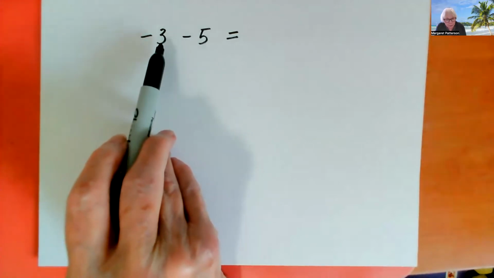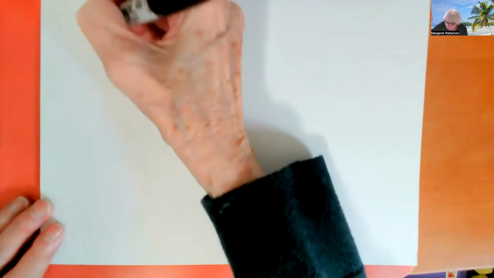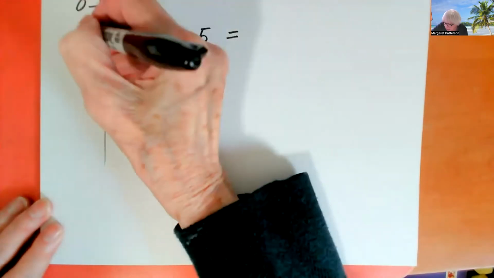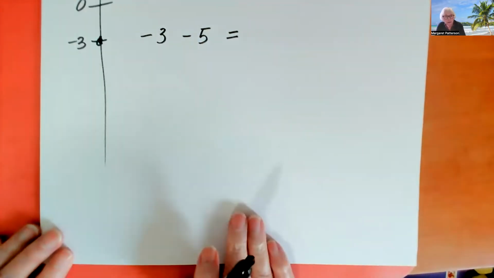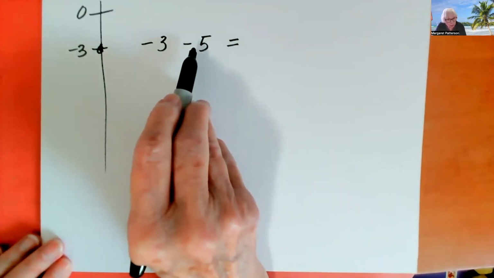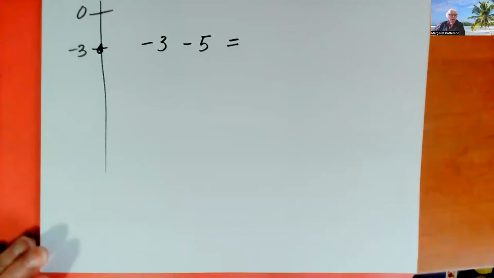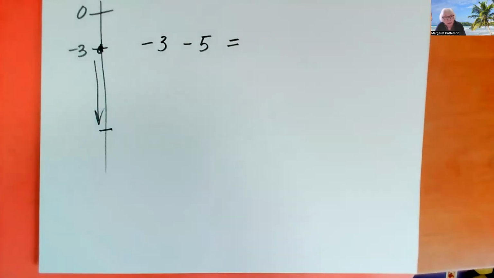We have -3, and then we're going to take 5 more away from it. So I'm going to do temperature again. Here's -3. That's where we start. And now what's going to happen? This is not going in the right direction. This is going further down. This is going to be more negative, isn't it?